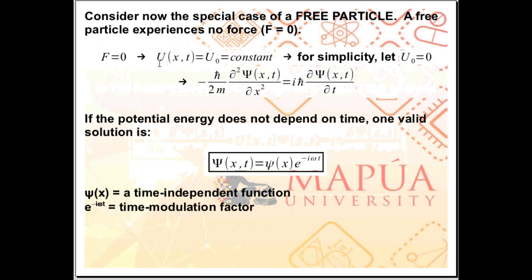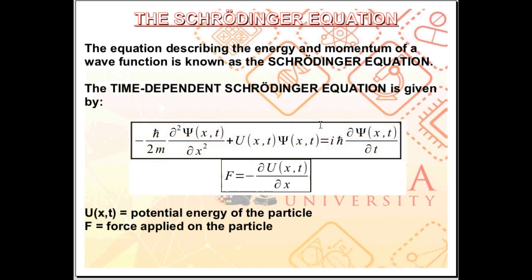If U is constant, the potential energy of the particle does not change. For simplicity, let us consider U to be 0. If we let U be equal to 0, U times psi will be equal to 0.